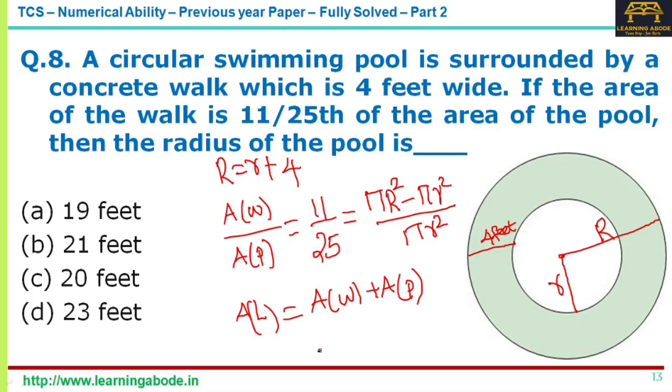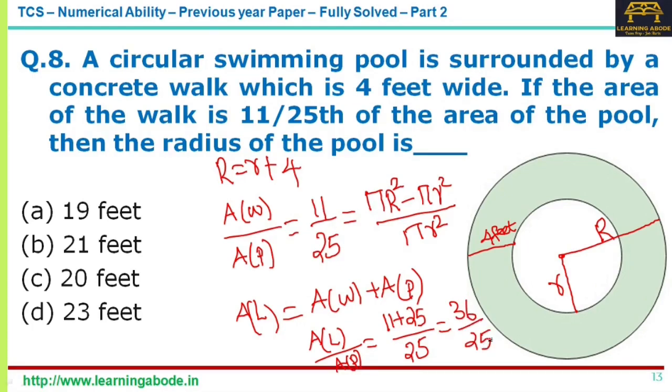Now you take the ratio between the area of the larger circle and the area of the pool. That would be 11 plus 25, by 25. So this would be 36 by 25.